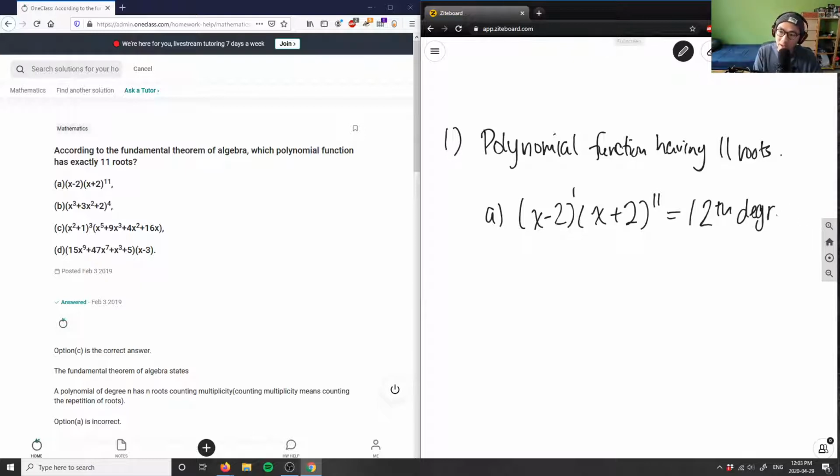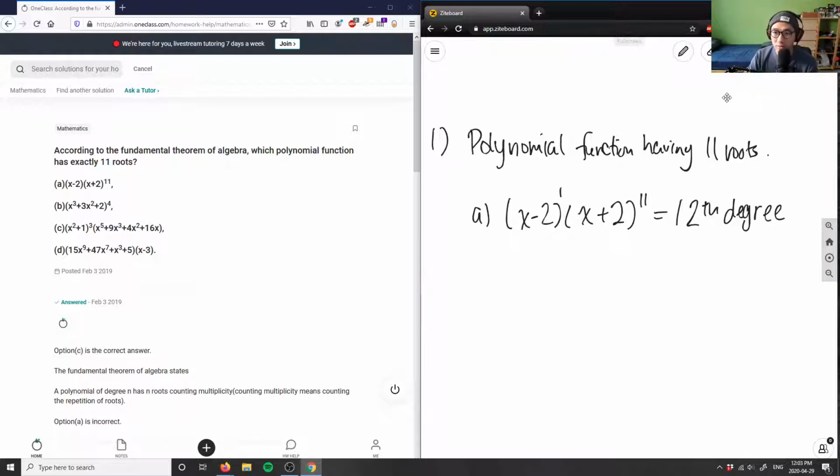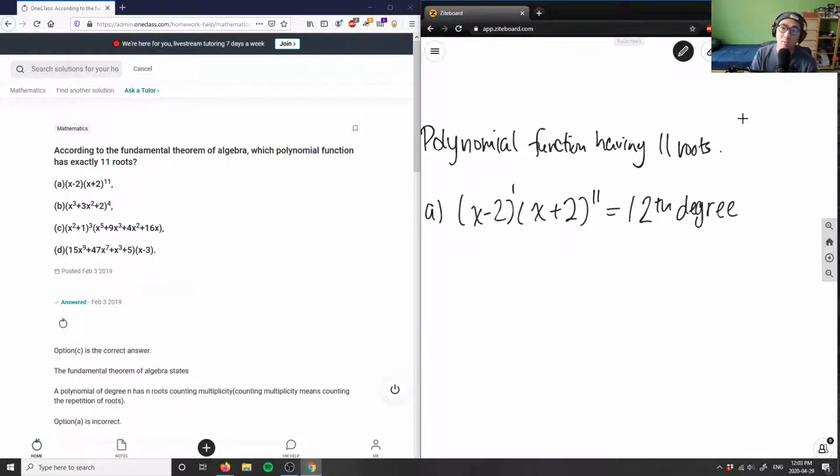If we're in the 12th degree, this means we have 12 roots in our solution. We're looking for 11 roots, so this is the incorrect answer. A would not be the correct answer here.